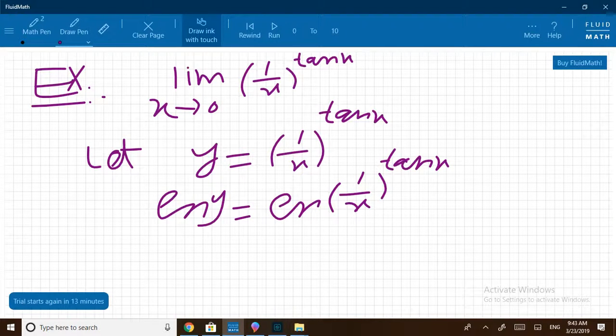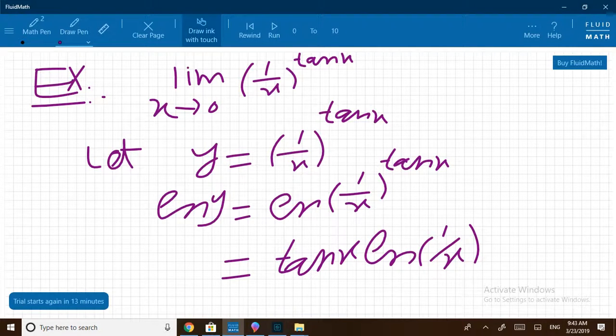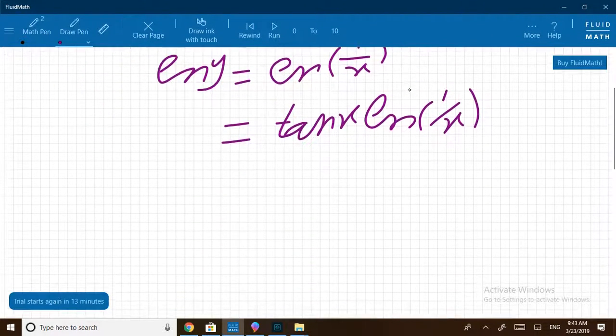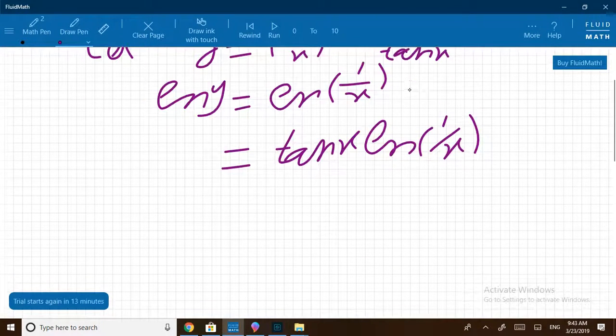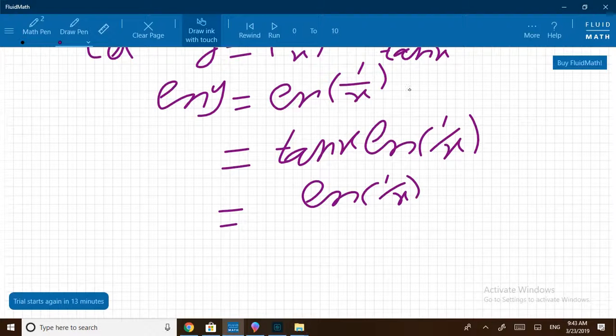Now, by the property of natural log, we can write 10x before natural log of 1 by x, and this can be written as natural log of 1 by x divided by 1 over 10x, which is cot x.